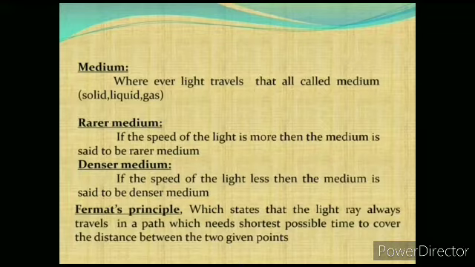That means light travels in a straight path. Now we see the definition. Fermat's principle states that the light ray always travels in a path which needs the shortest possible time to cover the distance between two given points.